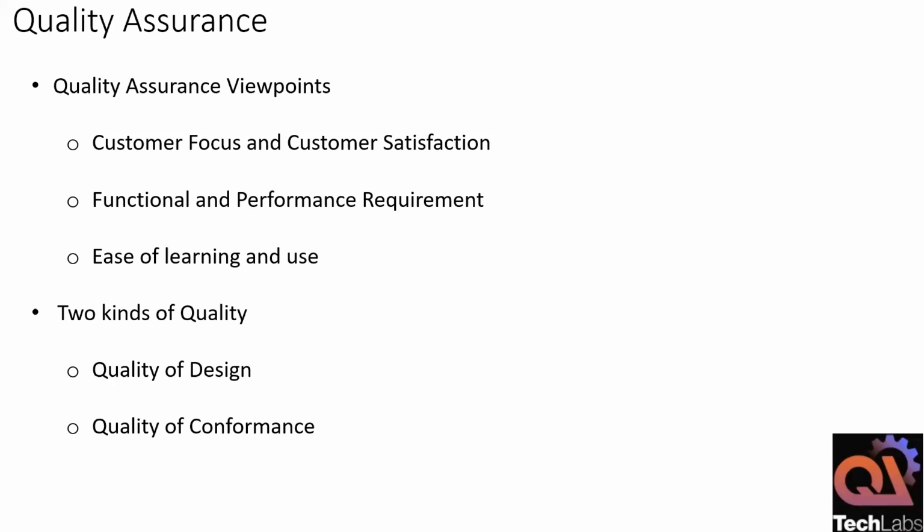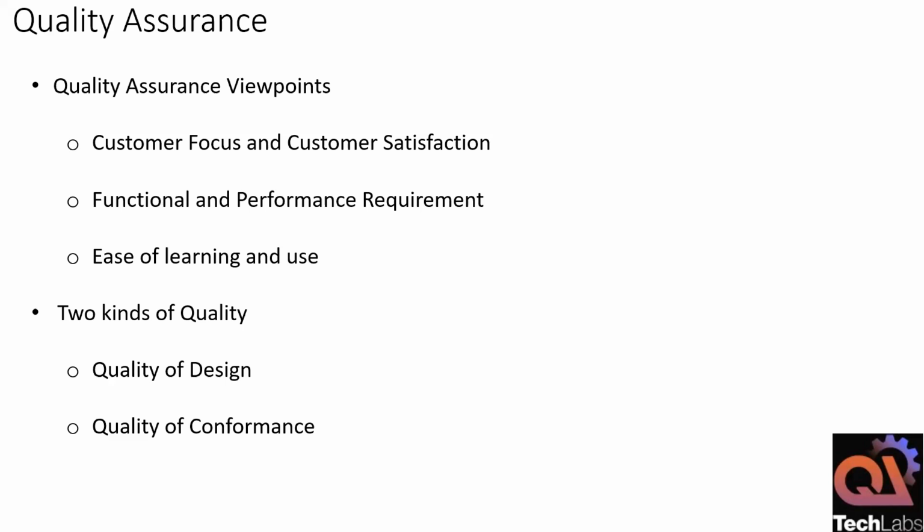So second viewpoint, see, this is an interview question, okay? What is quality assurance? He will ask you in the interview. You have to say quality assurance is dependent on customer focus and customer satisfaction.